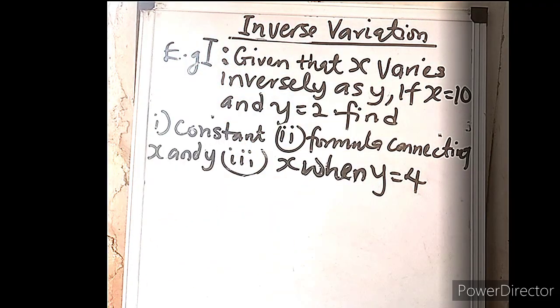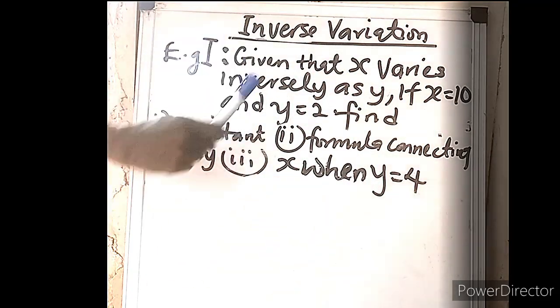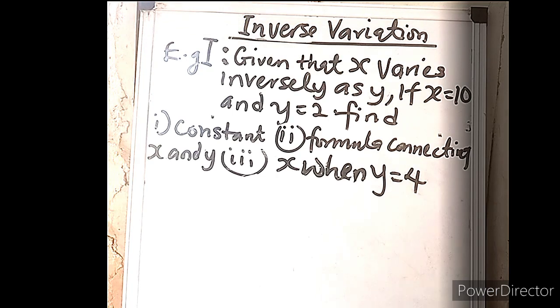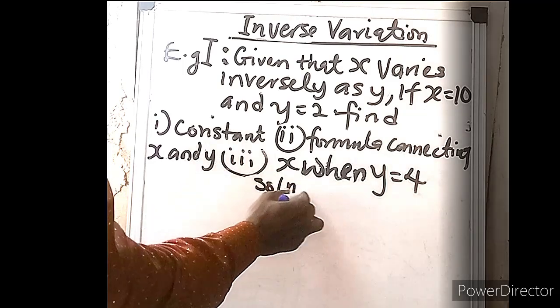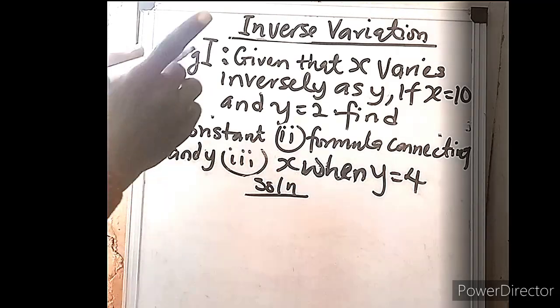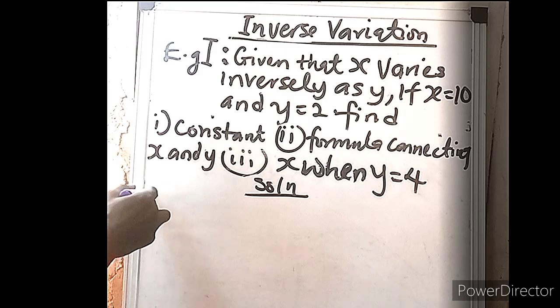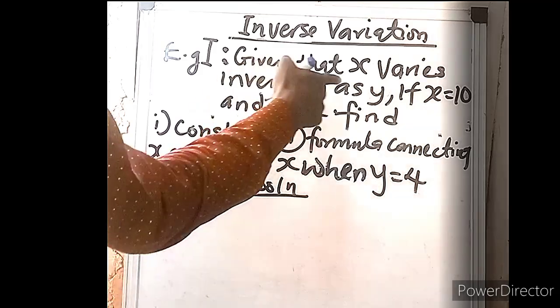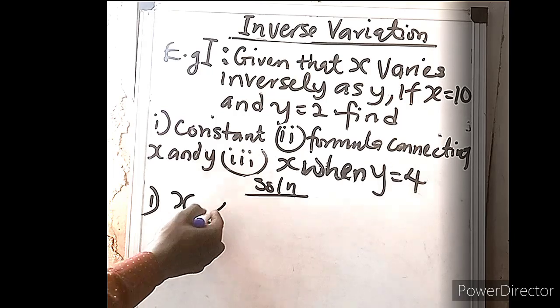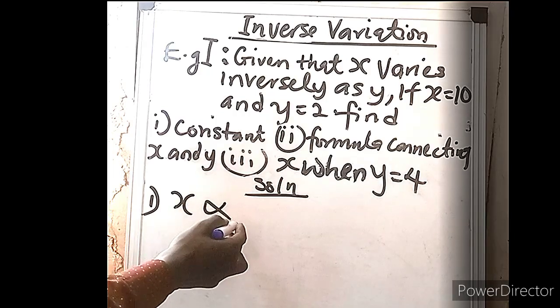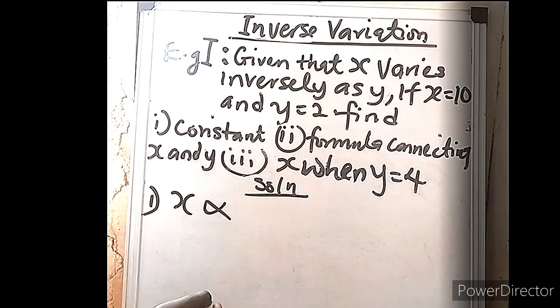So first of all, we are told that S is 10 and Y is 2. Let's set our formula. The first thing to do is to set your formula. So we say solution. Let's interpret our equation. S varies inversely. The inverse of any value is 1 over that value.